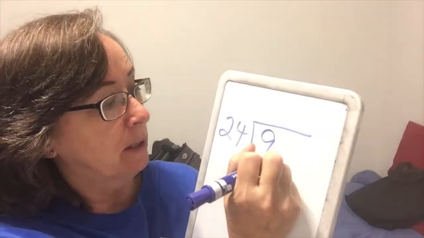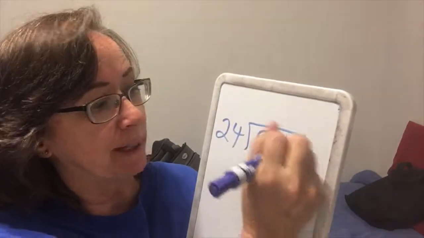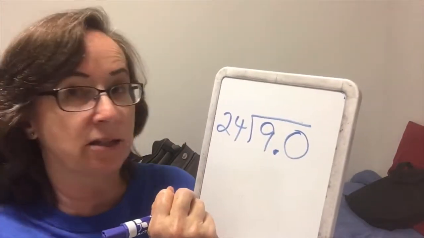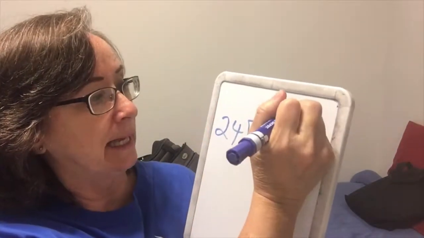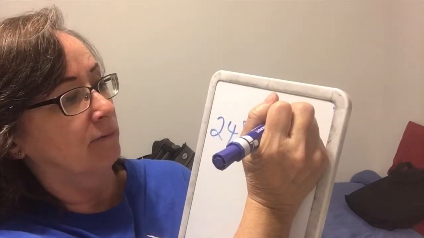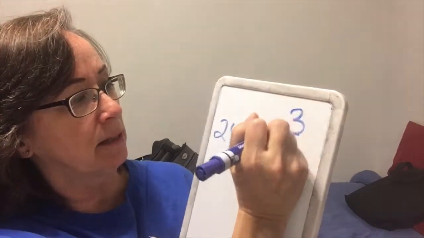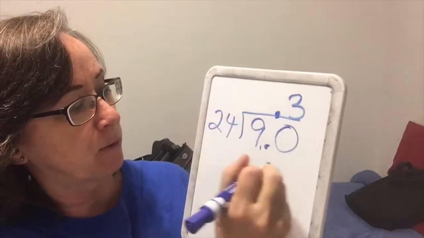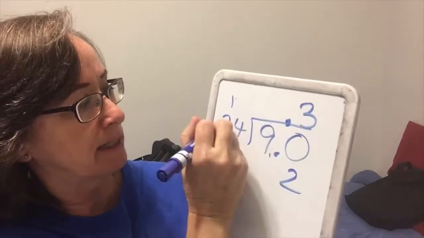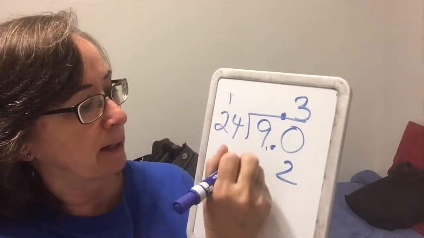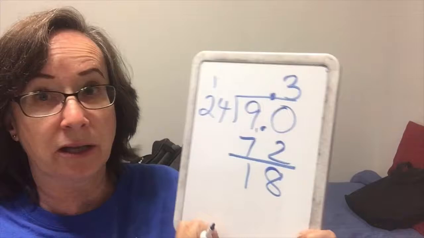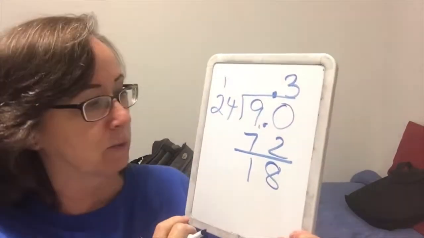So remember, 9 cannot divide by 24, so we can add a decimal and a 0. And 24 goes into 9, let's see, maybe 3 times. Okay, so I'm going to have to bring my decimal up. 3 times 4 is 12, and 3 times 2 is 6, plus 1 is 7, and then I'm going to get an 8 and a 1, so that was right. 18 is less than 24.